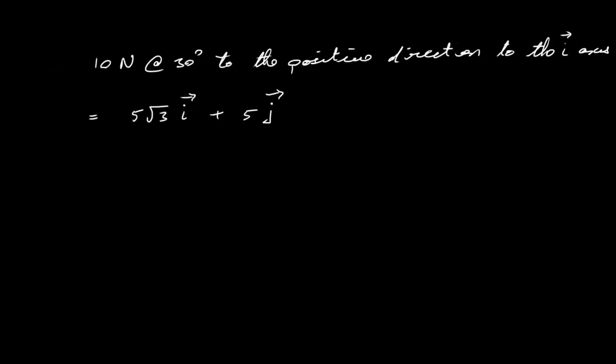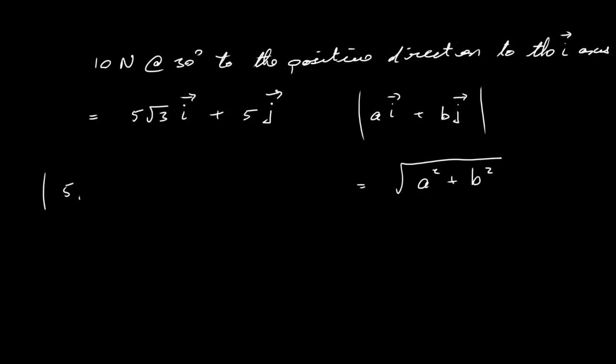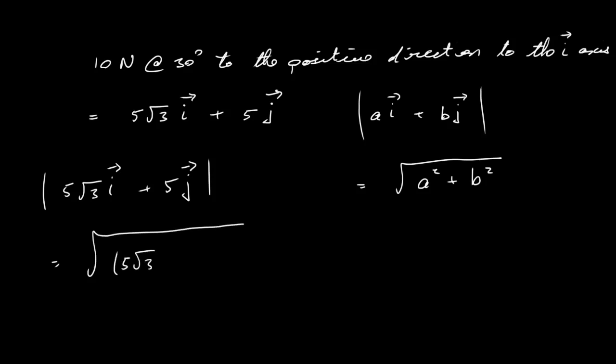And just to double check that, really you're just using Pythagoras' theorem here. This particular vector is written in the form ai plus bj. To find the magnitude of this vector, we would do the modulus of the vector, and that's just equal to the square root of a squared plus b squared. So the magnitude of 5 root 3 i plus 5j is equal to the square root of 5 root 3 squared plus 5 squared.